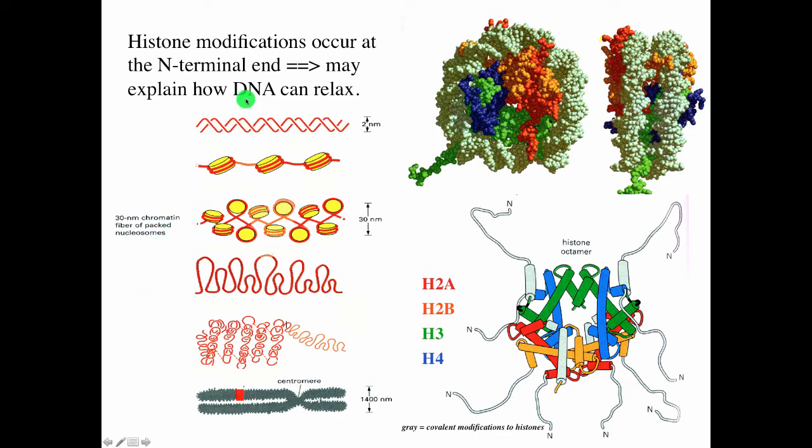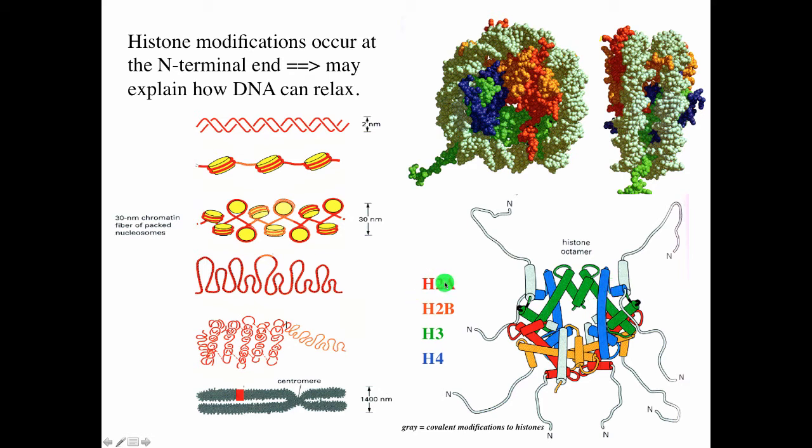The diagram shows the DNA packing into the nucleosomes and ultimately into the 30 nanometer chromatin fiber and eventually compacting into a metaphase chromosome. The diagrams on the right show a space-filling model that is actually based on X-ray diffraction studies of nucleosome particles, with the typical ribbon diagram that's commonly generated by computer of complex protein molecules.